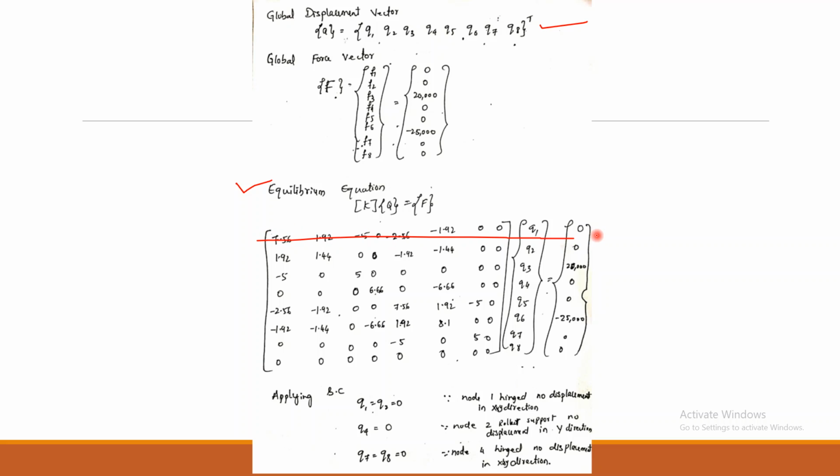So eliminate the first column, first row, and later on the second column, second row.